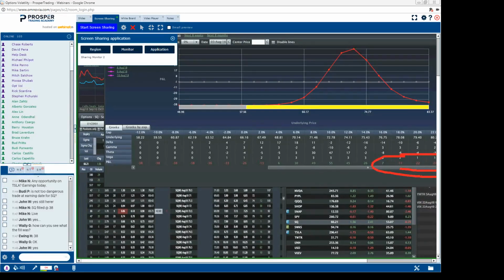But again, the most that loss could be would be right here, the amount that we paid for the spread. So this loss right in here correlates to this area right here. Does that help you out, John?